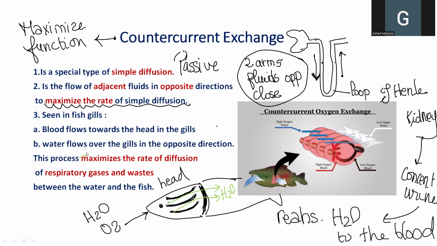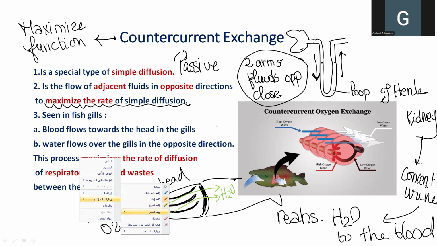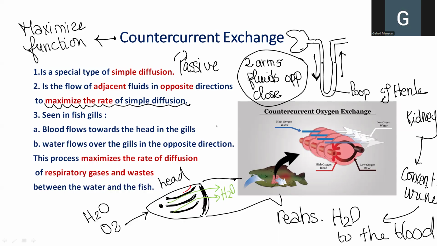Meanwhile, the blood will flow in the direction that the cardiovascular system, or the heart, pumps blood, towards the head of the fish. So you have blood that flows towards the head.